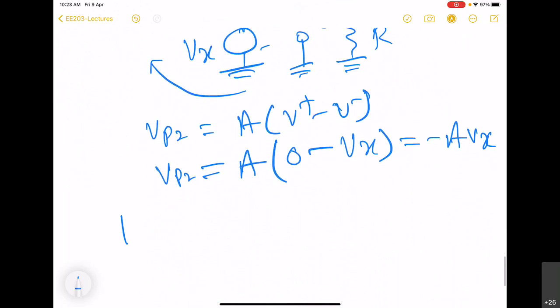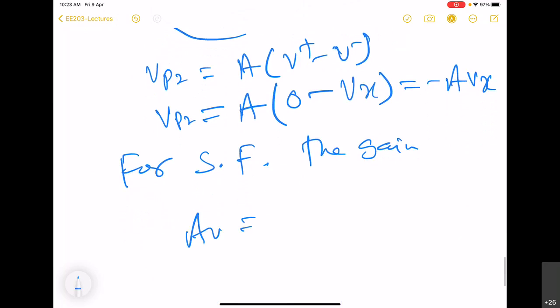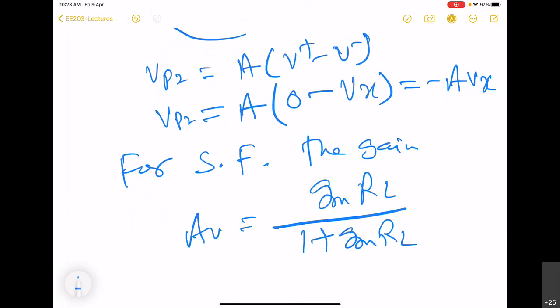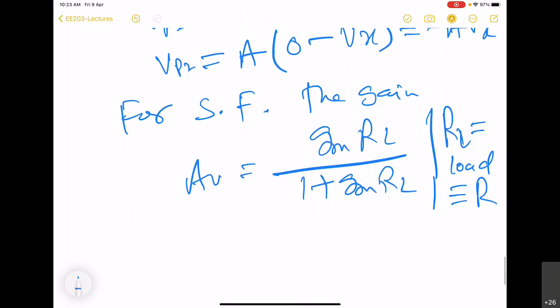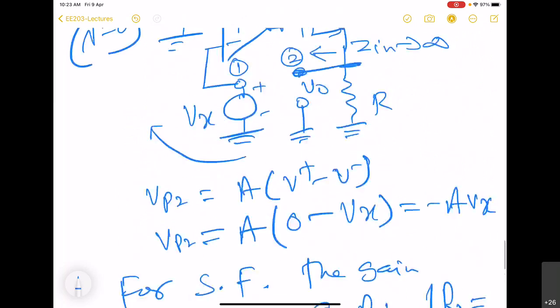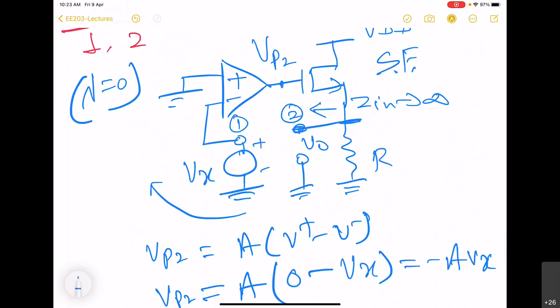So we know that for a source follower, the gain AV is given by gm RL divided by 1 plus gm RL, where RL is the load. In this case, it is equal to R. So here the output is VO and the input is VP2.